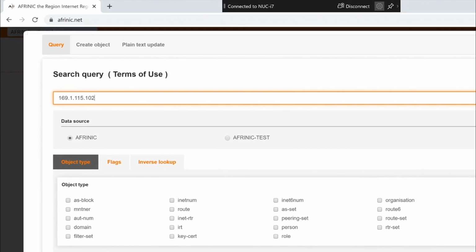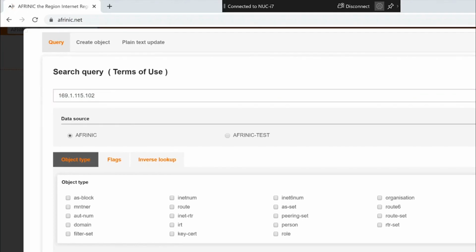Perhaps before I do that, you may have noticed, or you may have done the calculation, you may know that 169 means this would have been a class B address if class-based notation were used.